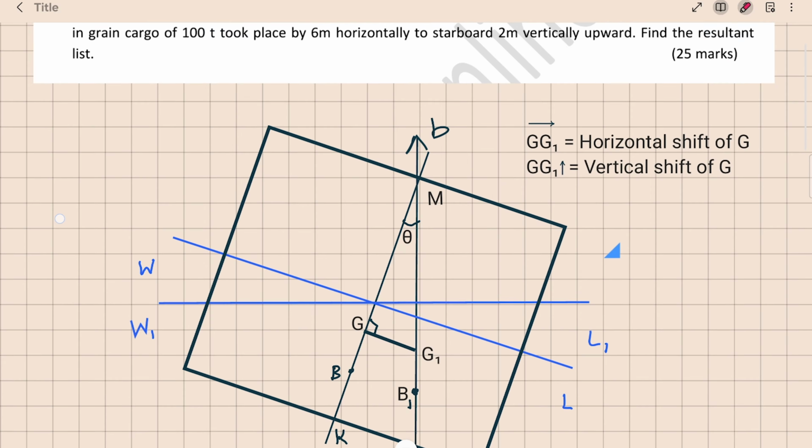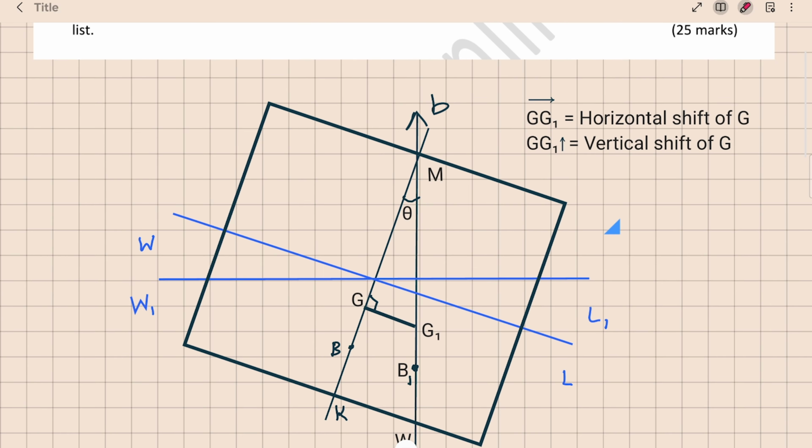Now, in this question, because it's all about the shift of ship's center of gravity, wherever we are talking about a horizontal shift of ship's center of gravity, GG1, I have drawn a bar on top of it, which shows horizontal shift of G. And if there is a vertical arrow with the pointer, that is vertical shift of G. Because there will be a horizontal shift of G and a vertical shift of G, both have been differentiated by these arrows.